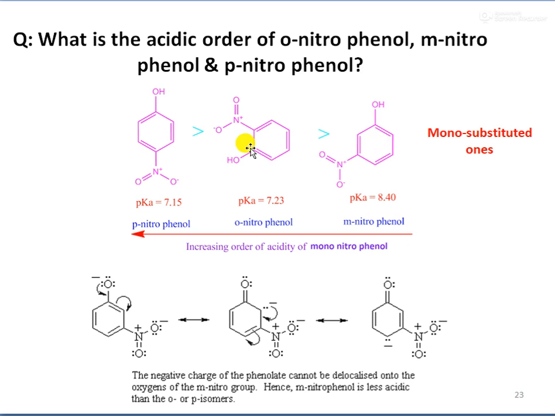Because in the ortho case there is a possibility for intramolecular hydrogen bonding. Therefore, the H plus is not so free. That is why the ortho-nitrophenol is less acidic when compared to para-nitrophenol. So these are the cases of mononitrophenols.